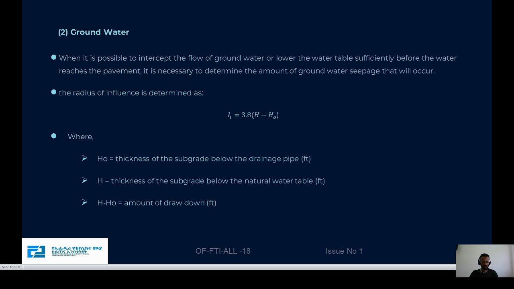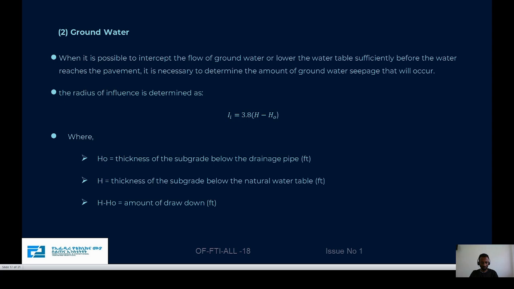The second source is groundwater. It is possible to anticipate the flow of groundwater, or lowering the water table is sufficient before the water reaches the pavement, which is very important. The amount of groundwater seepage will also be calculated using these formulas.